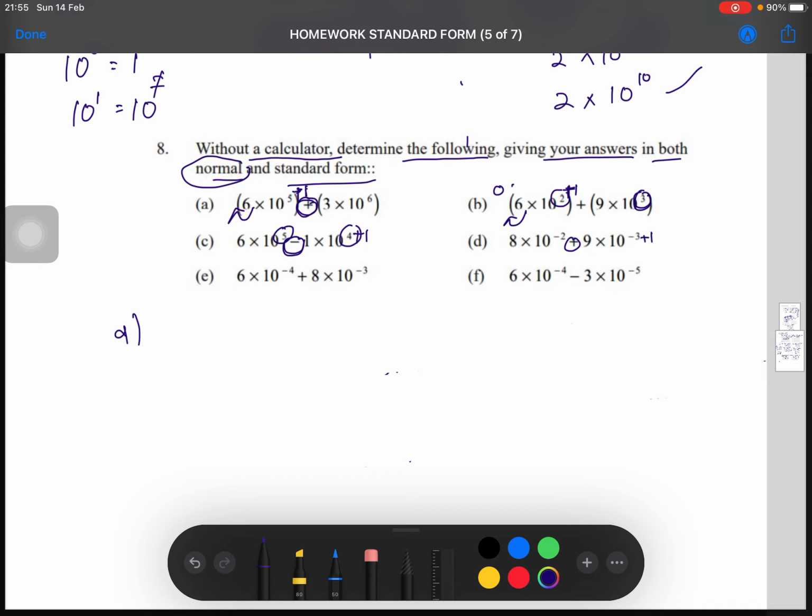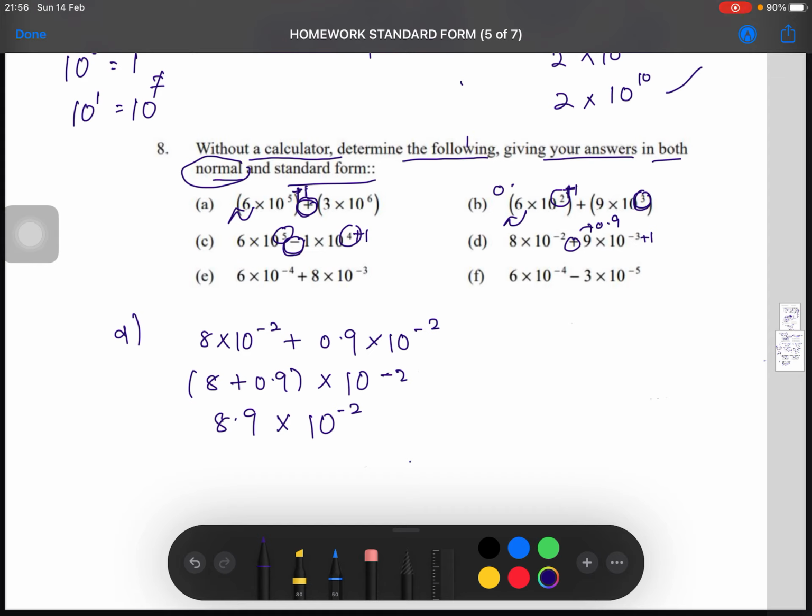Okay, that means here becomes 0.9. 8 times 10 to the power of negative 2 plus 0.9 times 10 to the power of negative 2. Then we put in bracket 8 plus 0.9 times 10 to the power of negative 2. 8.9 times 10 to the power of negative 2 in standard form. For normal, the answer is 0.089. This one normal, this one standard form.